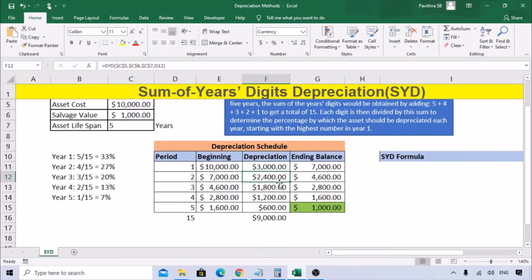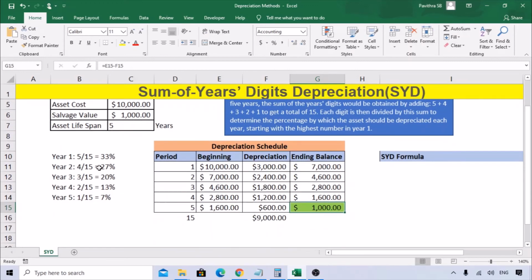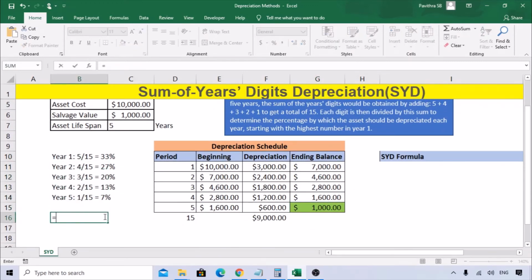As it goes down, it is 2,400. The depreciation amount will be decreasing. For the fifth year, the depreciation amount will be 600, and the ending balance will be $1,000. Very simple. This is the method. It's dividing 5 divided by 15, which is obviously 0.33.